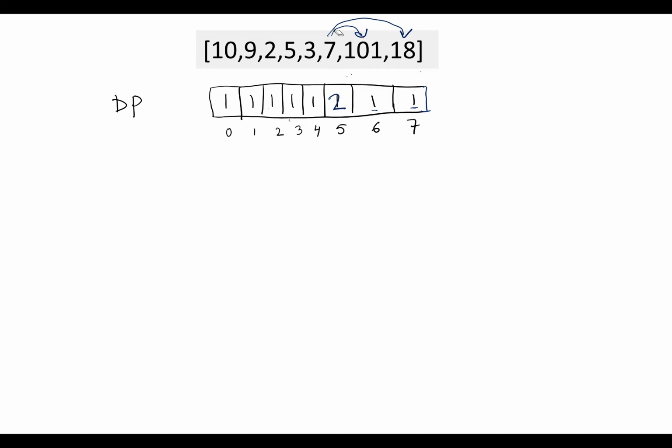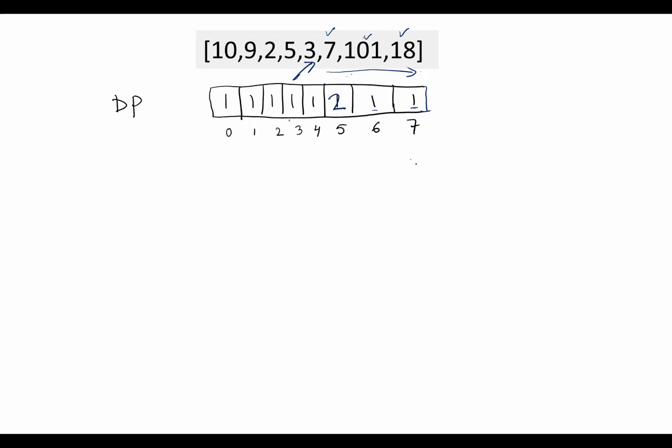Next I move my pointer to this, and once I read all the way to the right, this one is greater than 3, this is also greater than 3, this is also greater than 3. That means all 3 of these can create an increasing subsequence including 3. So what's going to be the length for them?